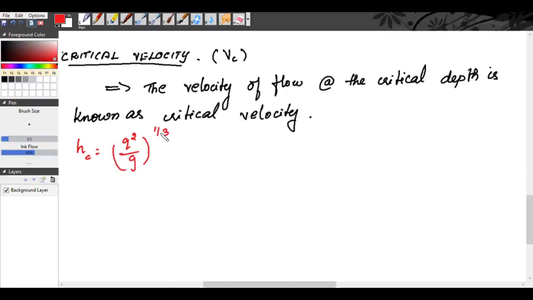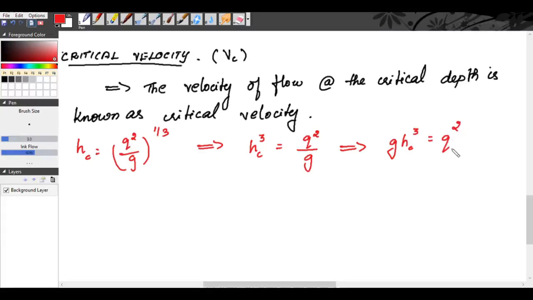Now, from which you can take the cube on both sides, we get HC cube is equal to Q square by G. So from which we get G HC cube is equal to Q square.